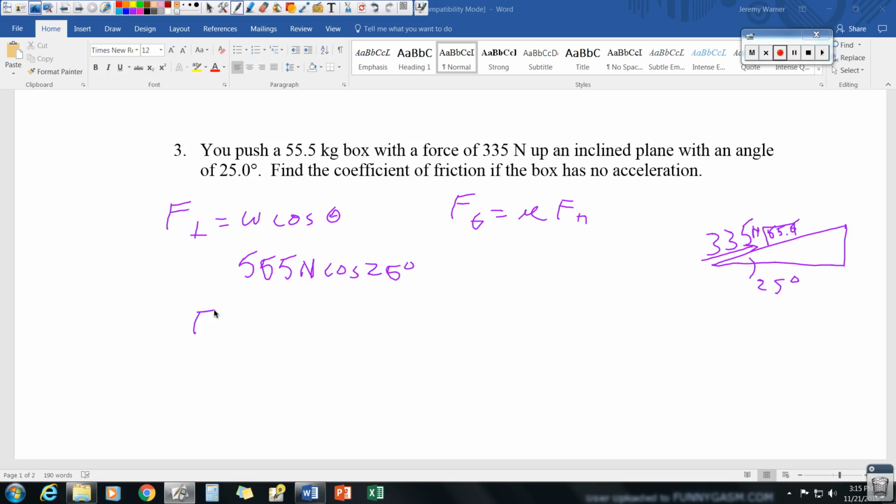And when you do that, you get the perpendicular force, which again is the same as the normal force, is going to be about 503. So 503 newtons is our normal force.